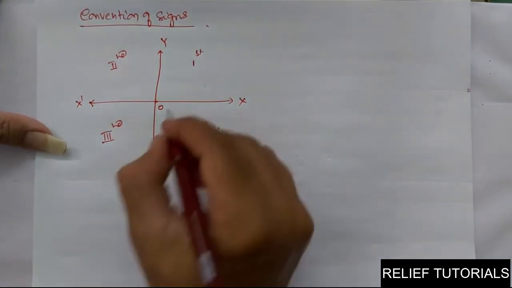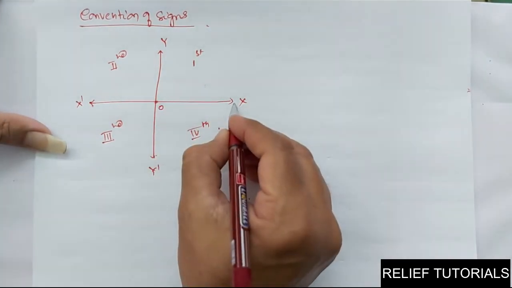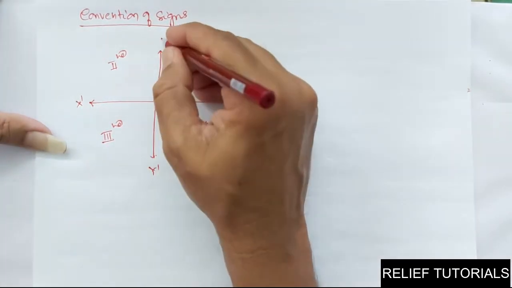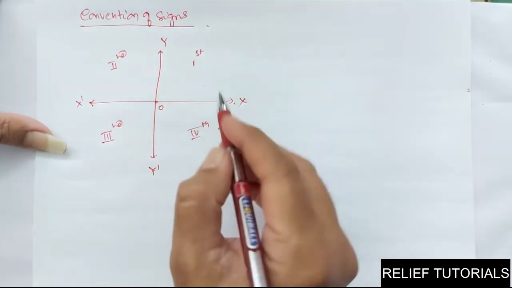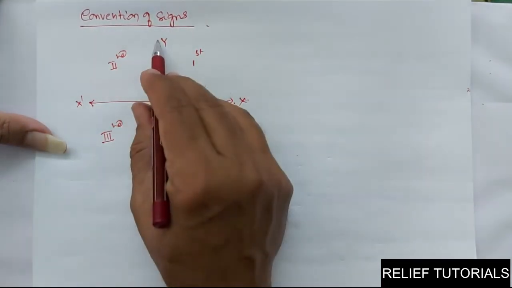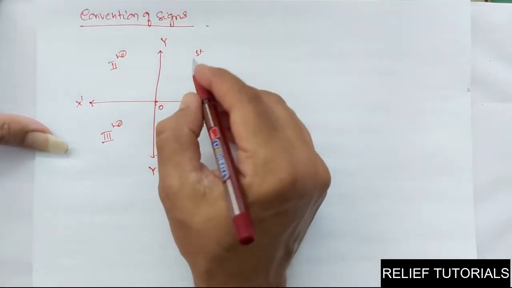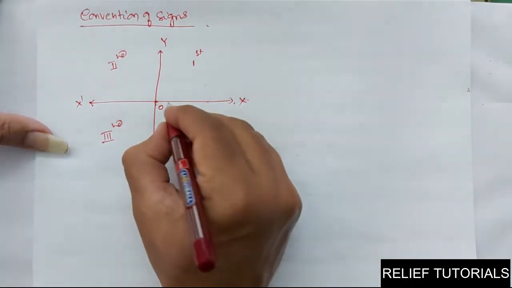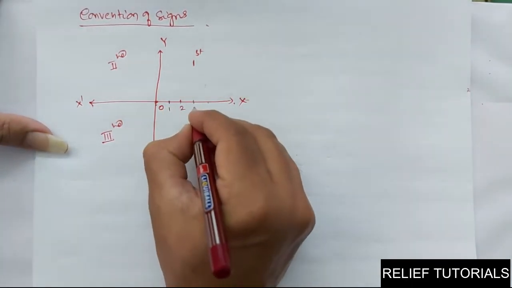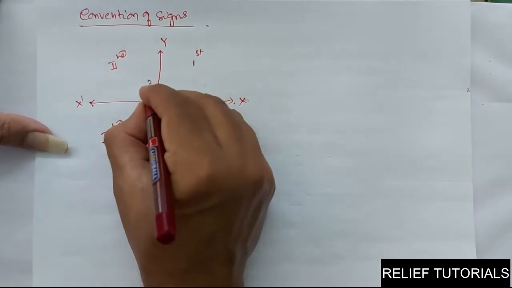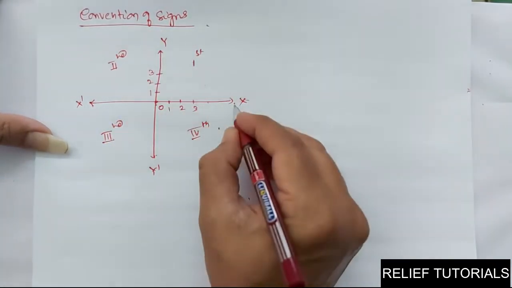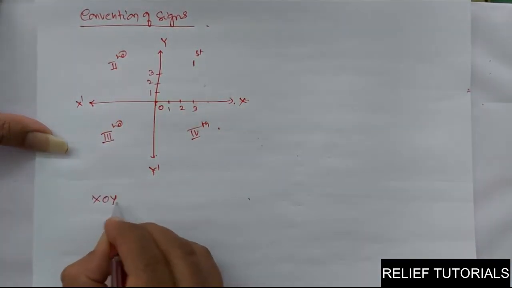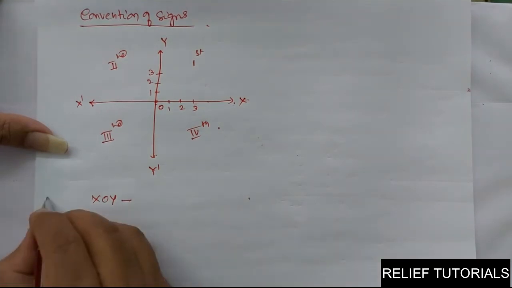Clear? Now you see here, OX is positive direction of x-axis, OY is also positive direction of y-axis. So OX, OY, both are positive. So in first quadrant, see here, this is 1, 2, 3. Here also you get 1, 2, 3. So this quadrant, XOY, is the first quadrant.